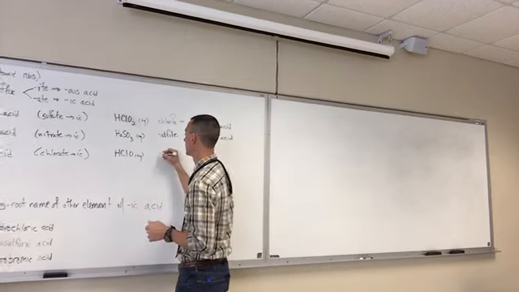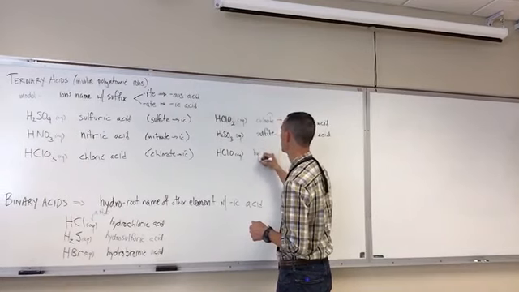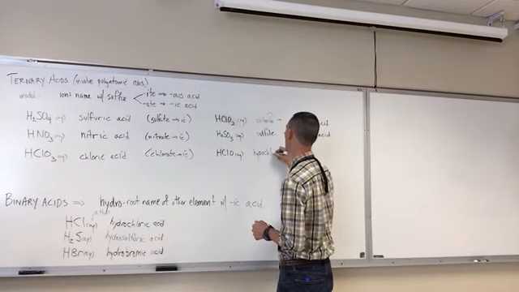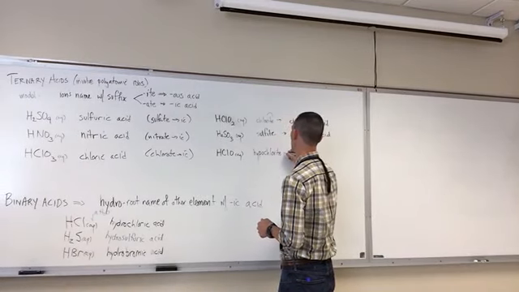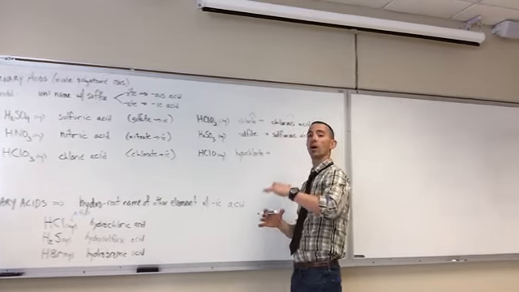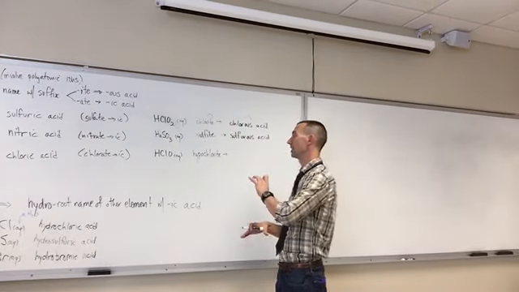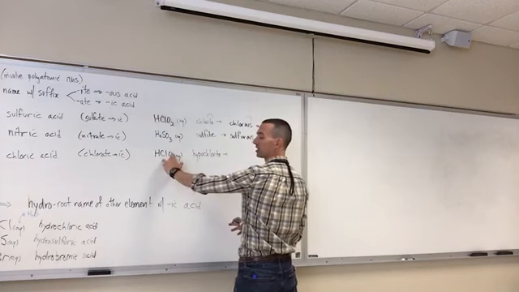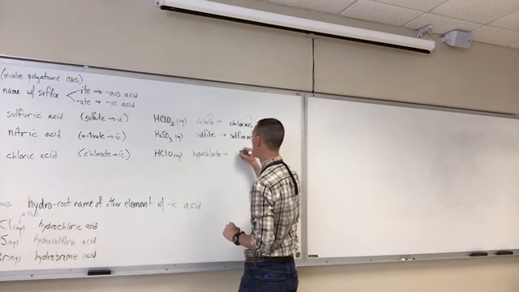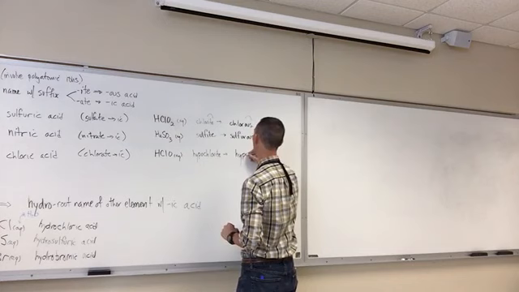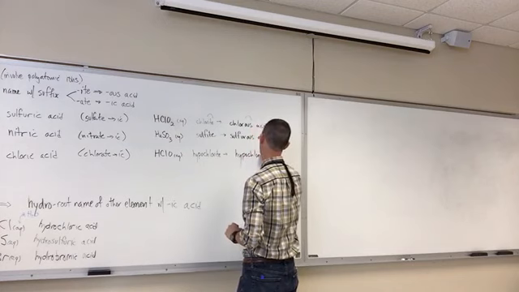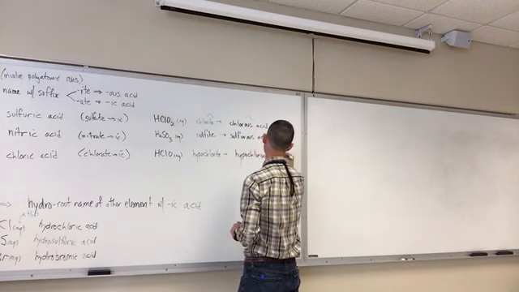Okay? And then this last one, ClO, is the hypochlorite ion. Remember, this is part of that family that had 4 different ions in it. So we need to say even less oxygen than the chlorite ion. So it's called hypo. So this one sounds a little bit tricky because it's hypochlorous acid.